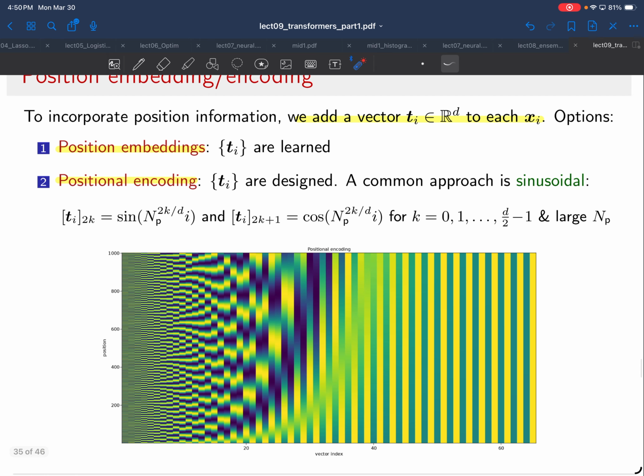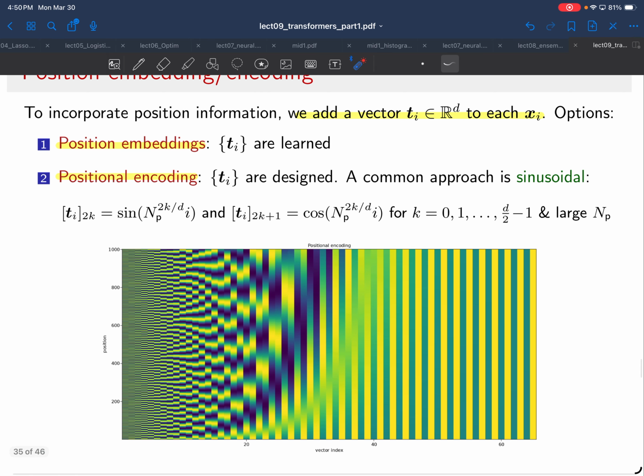Another thing that is common to do is to not learn them but design them, just make them something reasonable. Typically that's done with this sinusoidal encoding, where you use a sine wave for the even samples and a cosine for the odd samples.